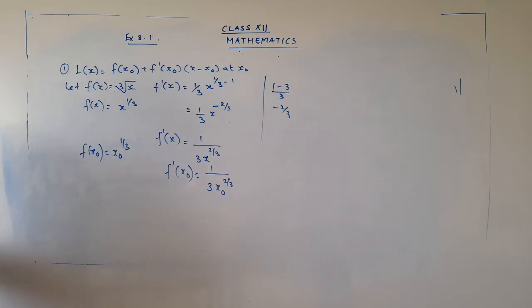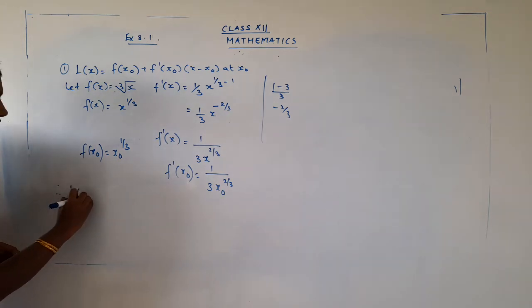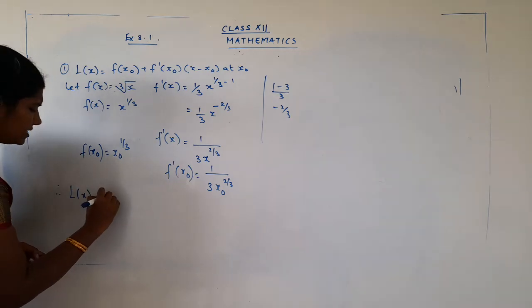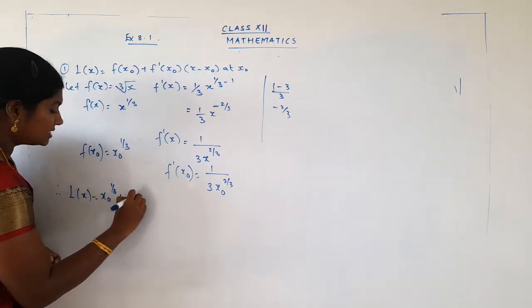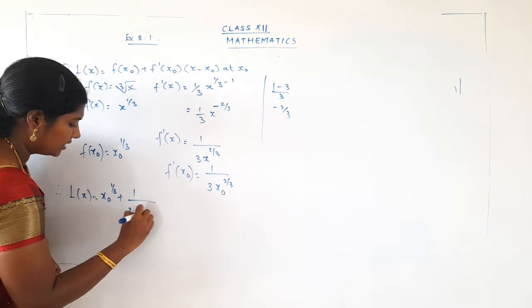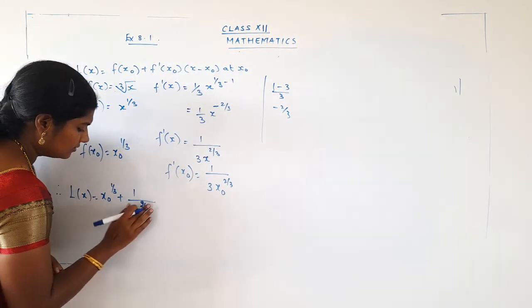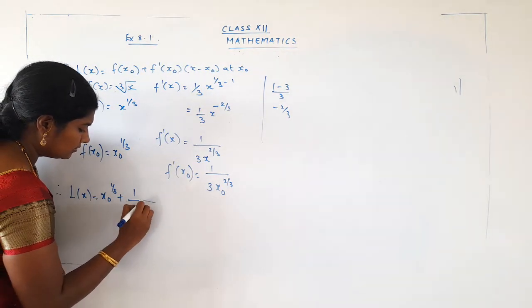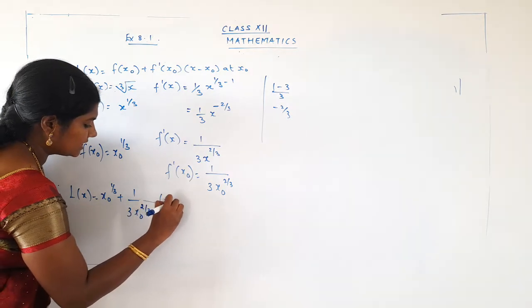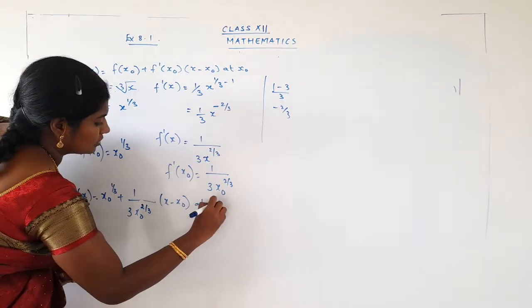Okay, now I am going to substitute this in the formula. Therefore, L of x is equal to x naught raised to 1 by 3 plus 1 upon 3 x naught raised to 2 by 3 times x minus x naught.